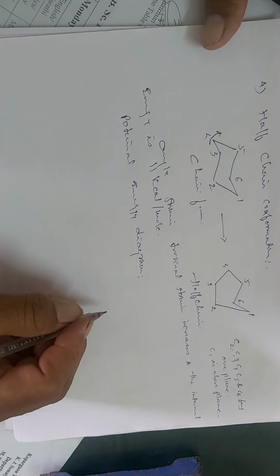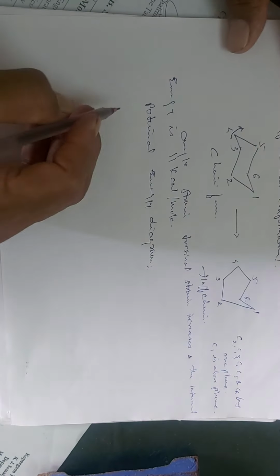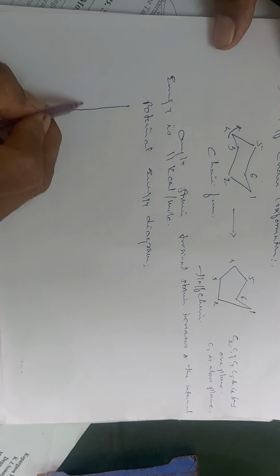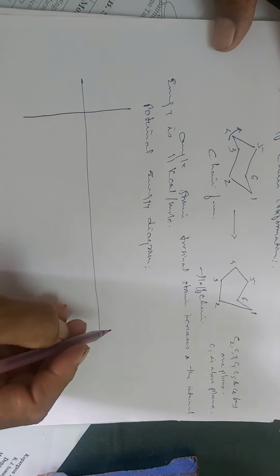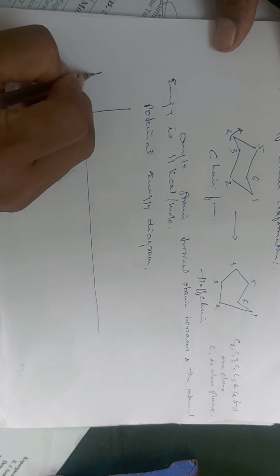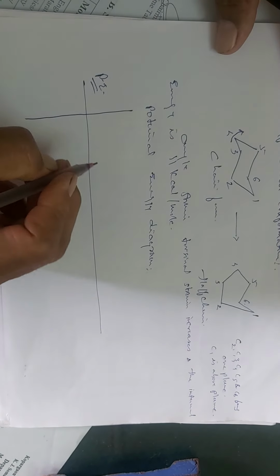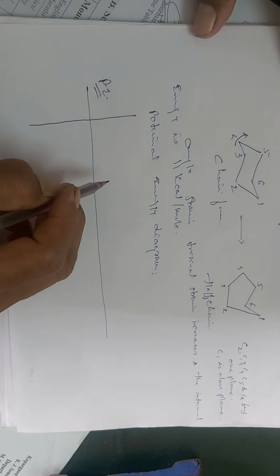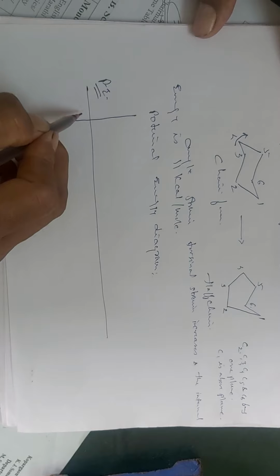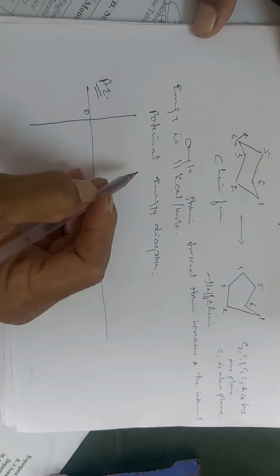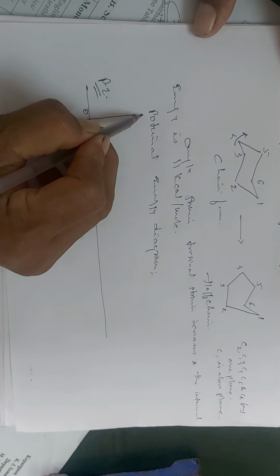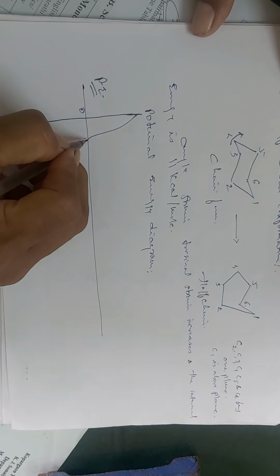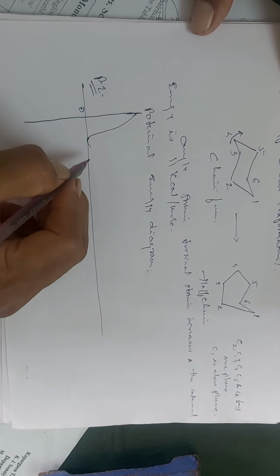And so here if we just draw the graph of the conformations versus the potential energy diagram. So when we get the chair conformation which is most stable, the internal energy becomes 0. So here we get the chair conformation.